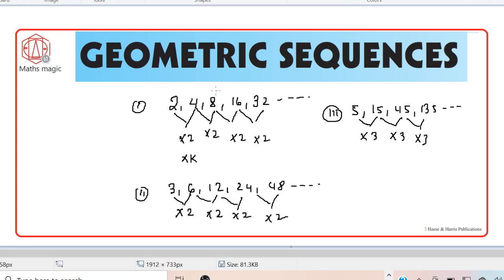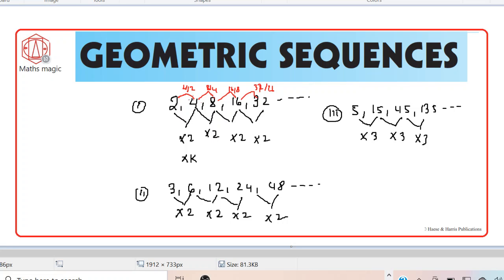Over here you have to find the ratio of 4 upon 2, then 8 upon 4, then 16 upon 8, 32 upon 16. You have to find the ratio of next term upon previous term.